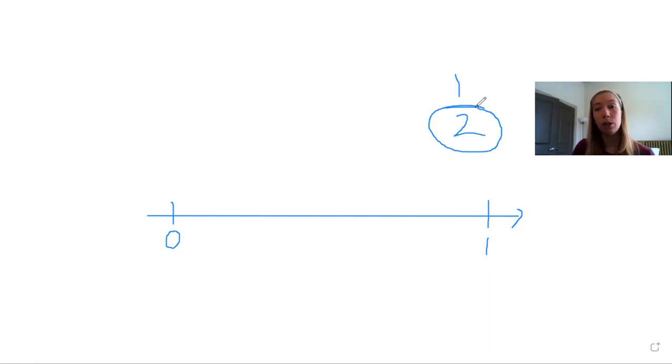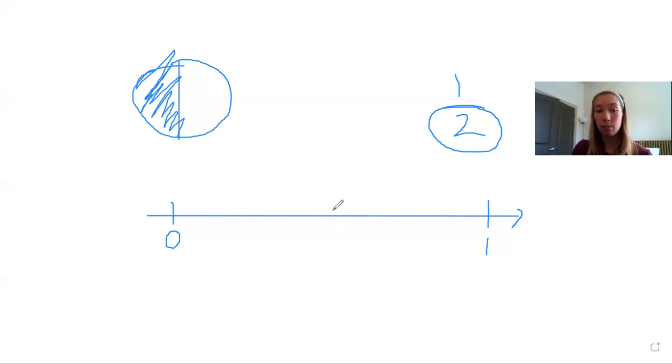Just like when we're breaking apart a shape, it would have been sectioned off into 2 sections because we have the 2 in the denominator. And we would color in that first half.